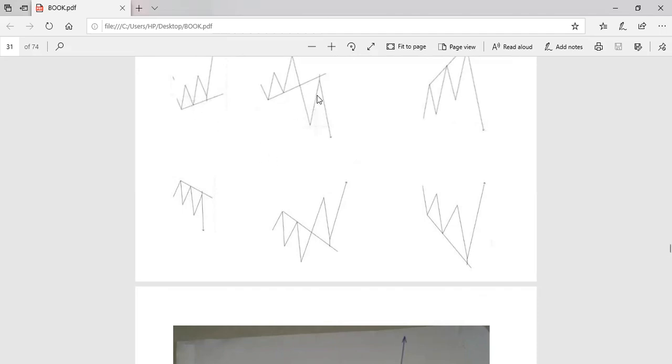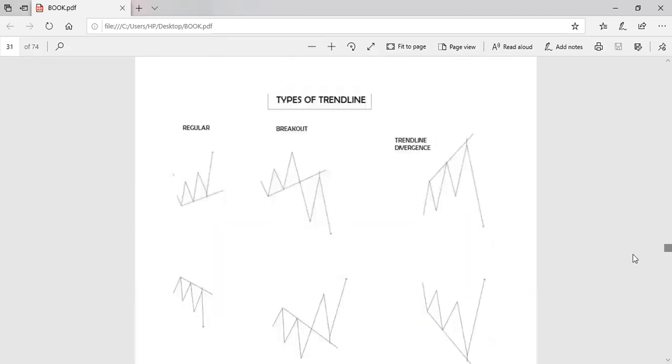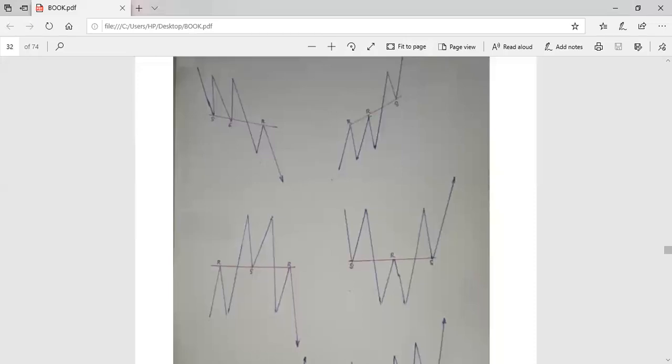Then we have the breakout. Then we have the divergence, trend line divergence. Then later on we have the one we call the continuation, like this. You can see something like this. Continuation pattern for sell, then for buy, right?